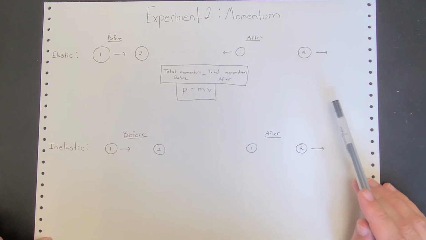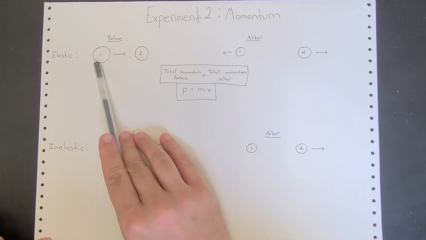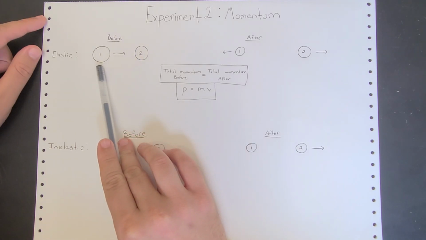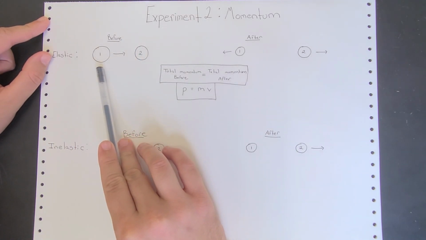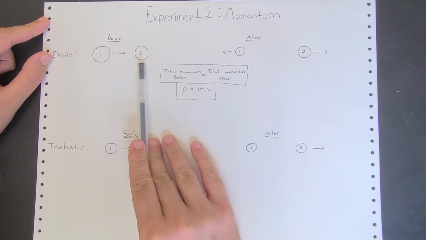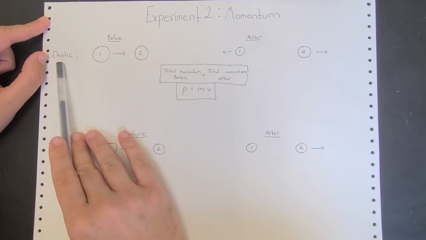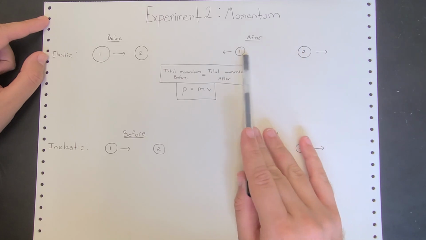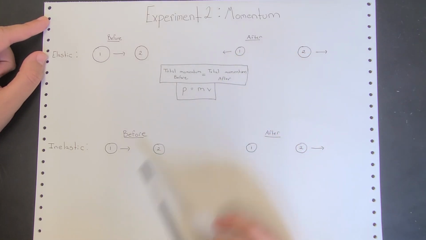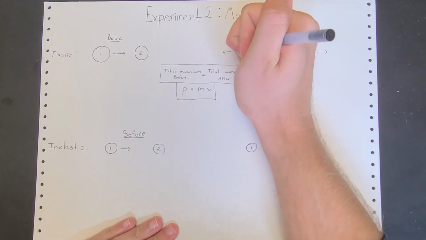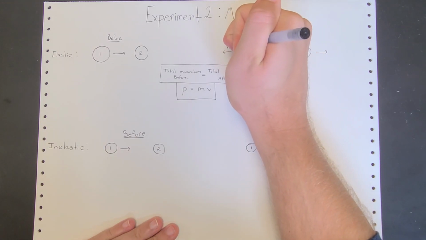Okay, so our scenario is this. We have two objects, object 1 and object 2. They're just balls. Before they collide, object 1 is going to be moving towards ball 2, and ball 2 is stationary, so it's not moving. For an elastic collision, after they collide, the two balls will bounce and travel in opposite directions. Ball 1 will travel with some velocity we'll call v1 prime.